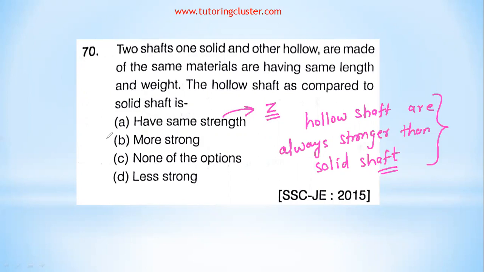So if they have the same weight and same length, the hollow shaft will be more strong as compared to the solid shaft. Basically, when you calculate the torsional moment of resistance of the solid shaft to that of the hollow shaft, this ratio you will get as less than 1, which implies hollow shafts are more strong.